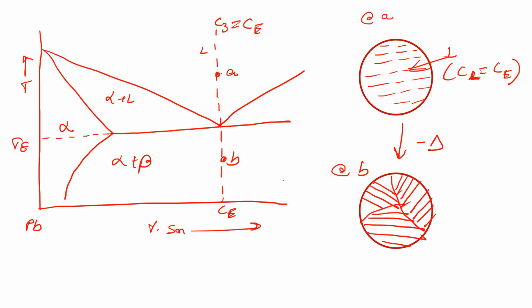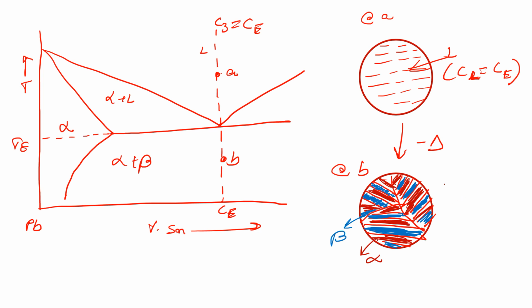Completely layered or laminar structures, and following the same convention that we had mentioned, beta will be represented with blue, so this is beta, and we have alpha like this.